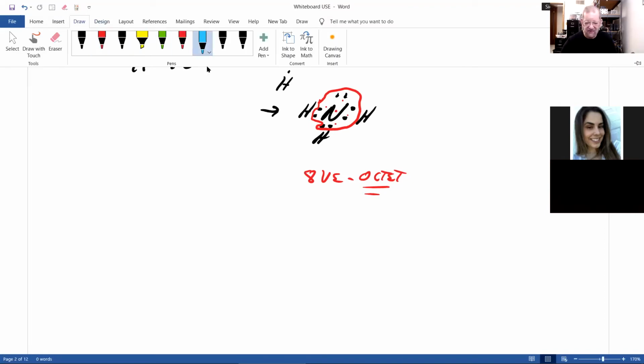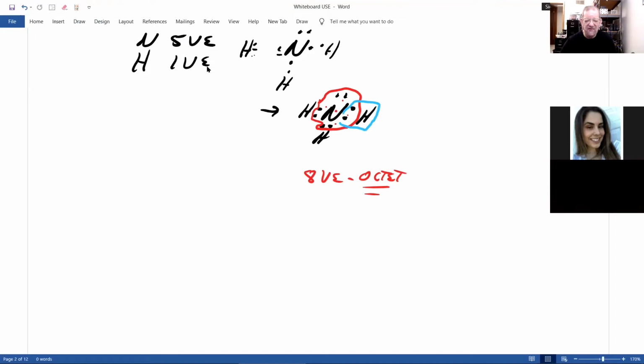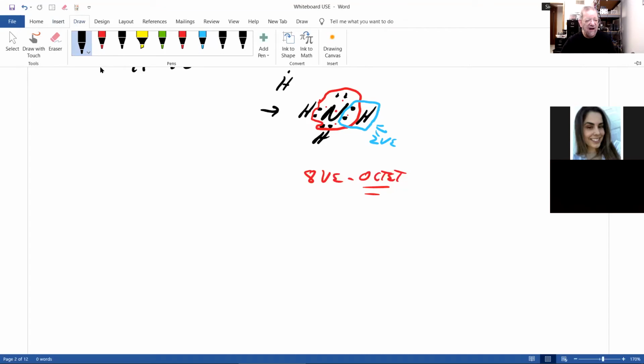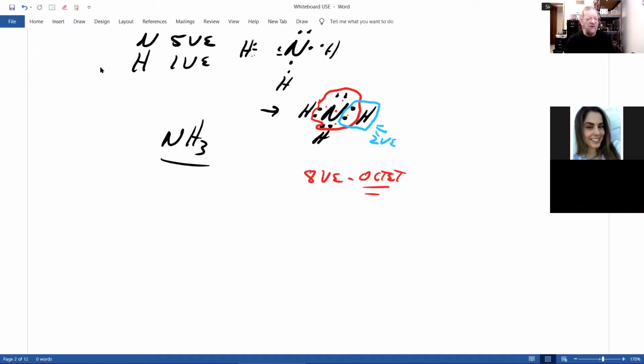How many valence electrons does it have, shared and unshared? The answer is 2 valence electrons. And remember, for hydrogen, the octet is 2. So everybody's happy. And ammonia is a stable molecule with the formula NH3, because that's the only way with nitrogen and hydrogen you can get a molecule where everybody has this octet. Remember, hydrogen's octet is 2.